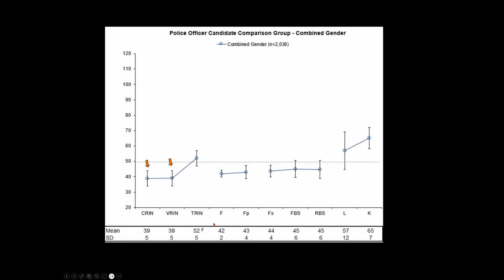The first thing that we see is that they score quite low on the inconsistency scales, CRIN and VRIN, which means that they were paying very close attention and were very deliberate in their approach to the evaluation, which again is certainly what we would expect for someone tested under these circumstances. And we also see elevations on the underreporting scales, which again, given the demand characteristics to appear favorable, that would likely account for some of this.